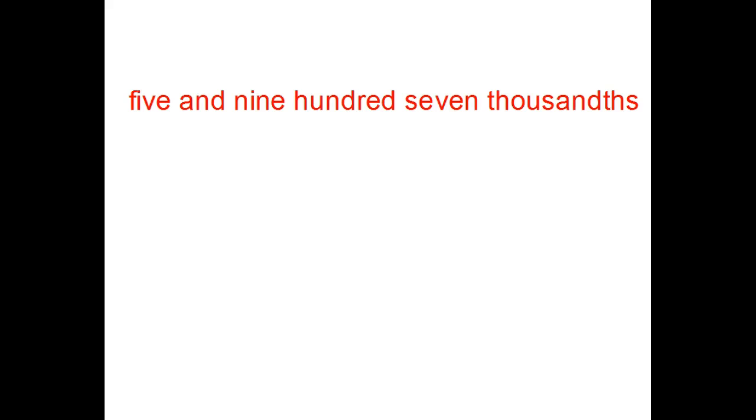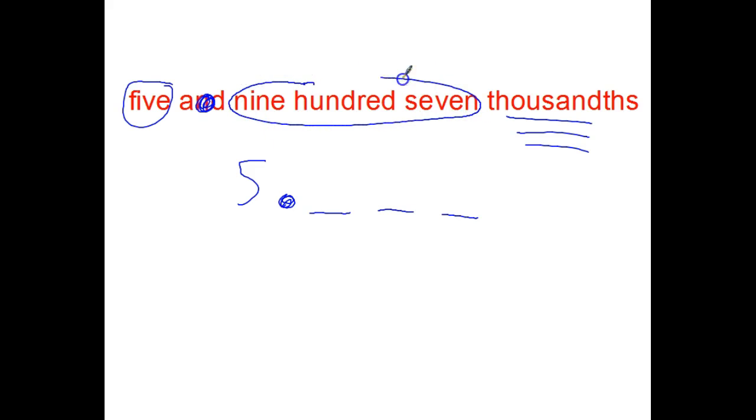5 and 907 thousandths. There's my and. Tenths, hundredths, thousandths. 3 places after it. So my first chunk, I got a 5 before it. 907, written in 3 places. 6 and 2 hundredths.